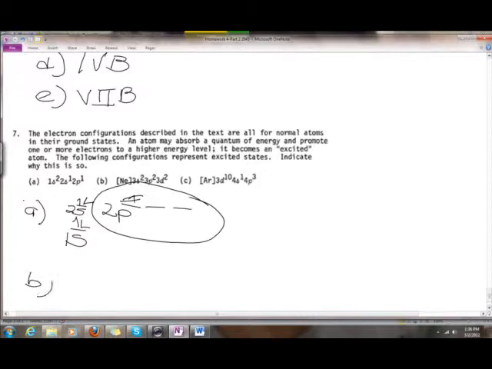Okay, on letter B, neon. Neon, and then we got 3s. I'm going to write it down like that. That's the diagram, 3p2. And then, right, 3d.